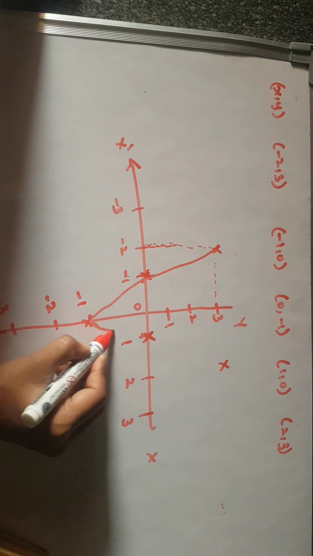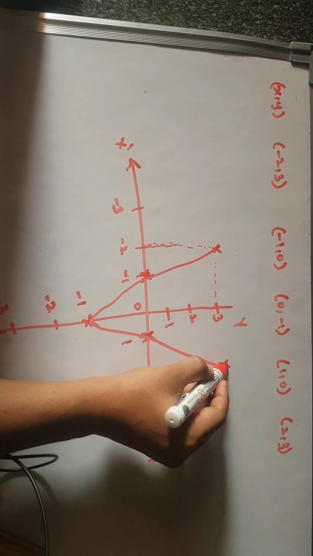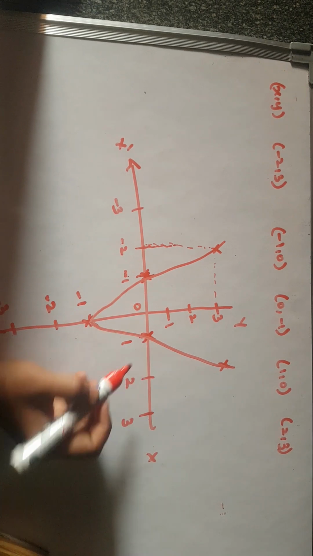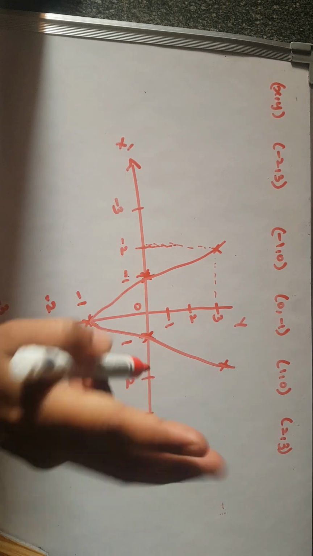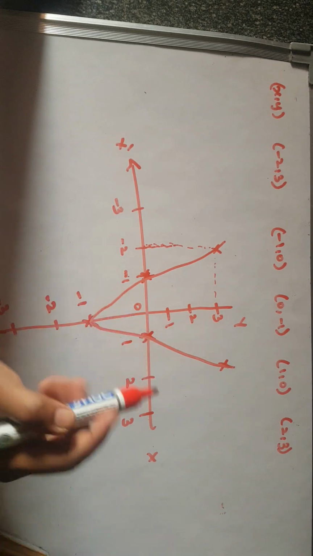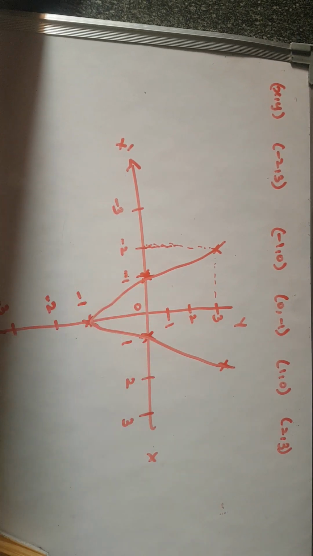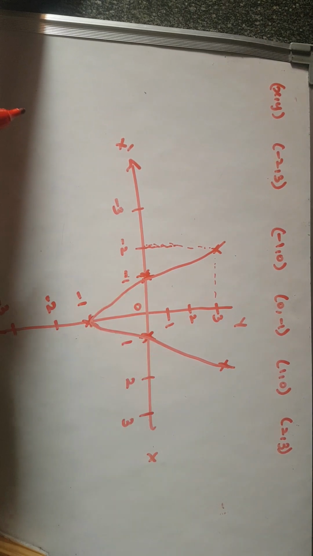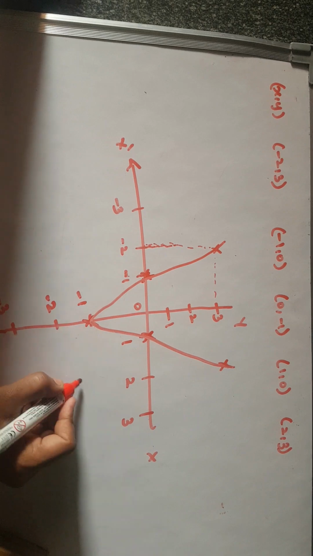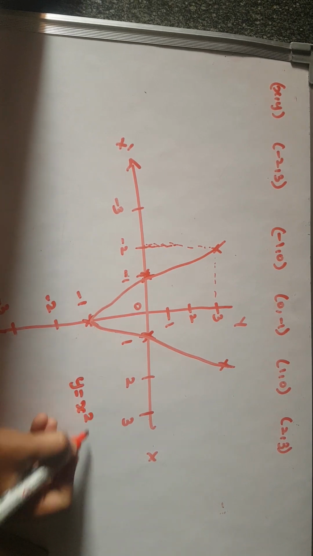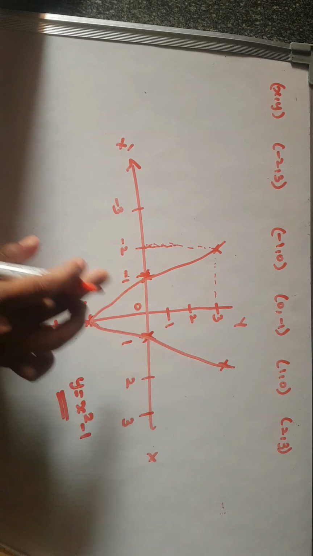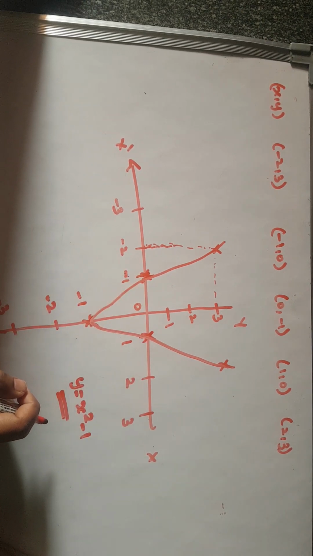How many zeros are there here? 2 times it is intersecting the x-axis, so 2 zeros of the polynomial are there, because the graph is intersecting 2 times. So this is the graph of y equals x square minus 1. Let us continue with the other question.